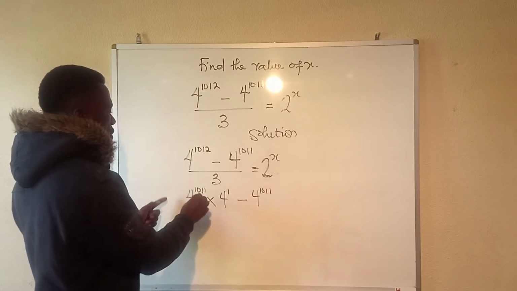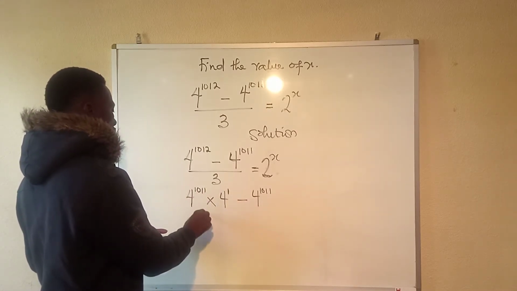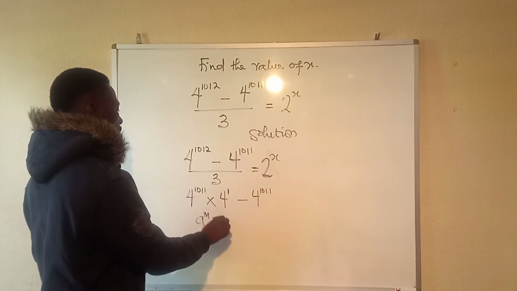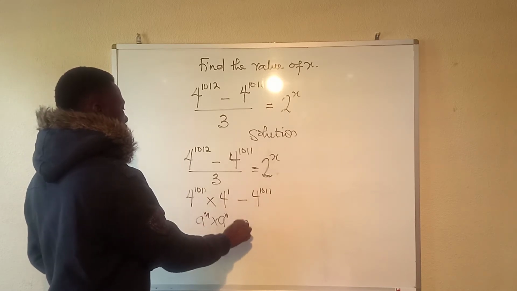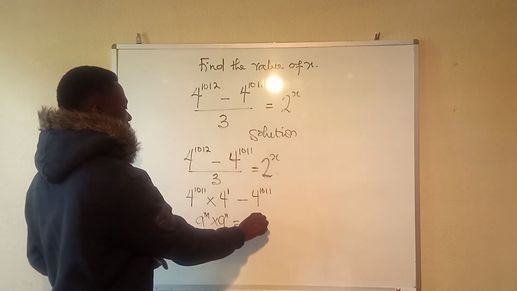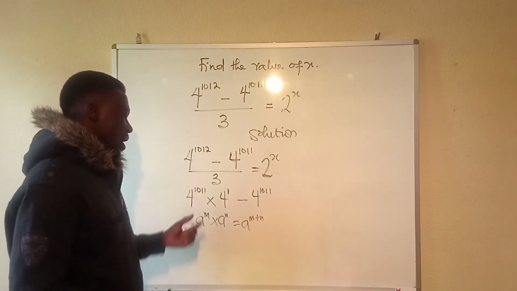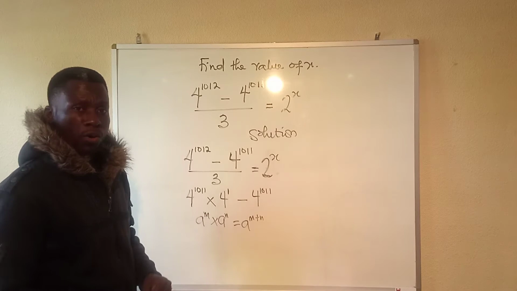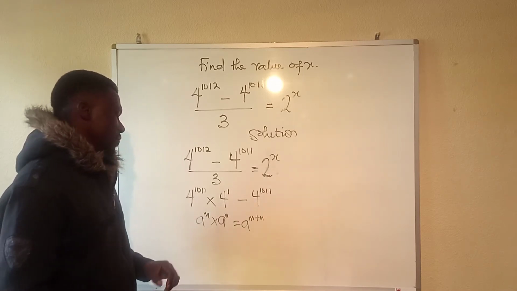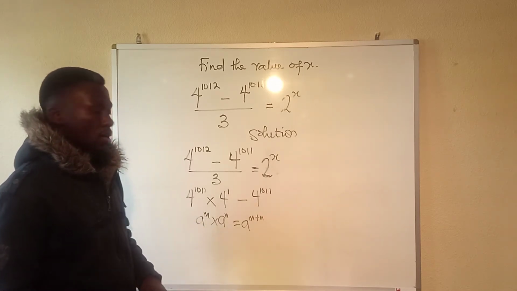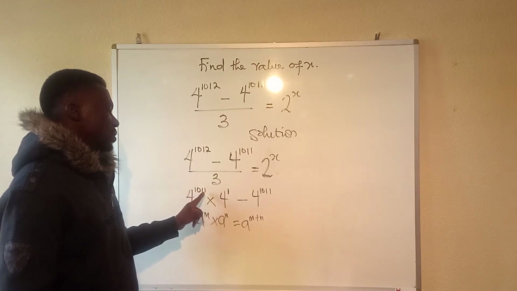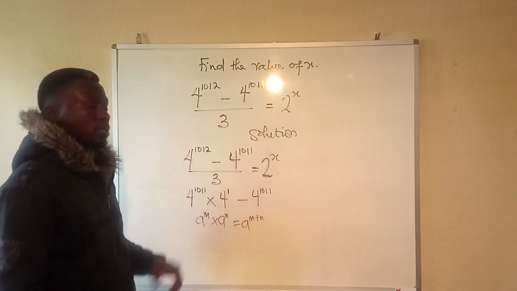You know that when we have a raised to the power m times a raised to the power n, the answer is the same as a raised to the power m plus n. So when the bases are equal and they are multiplying, we add their exponents according to one of the laws of indices. All right. So when we add 1011 to 1, we still have 1012.